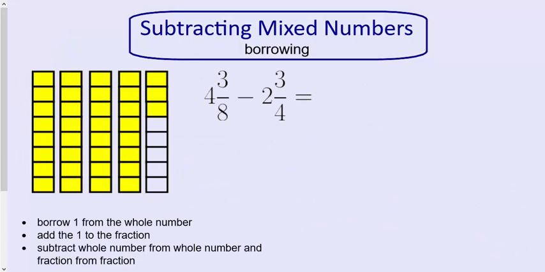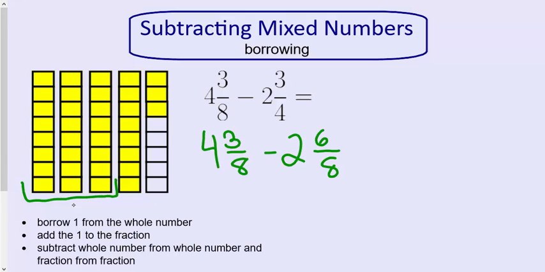And this last example here, I've got 4 and 3/8 minus 2 and 3/4. Again, I want a common denominator. I've got 4 and 3/8, but now instead of writing it as 4, I want to borrow 1 from it. So I'm going to write it as 3, and then how can I express this other piece here?